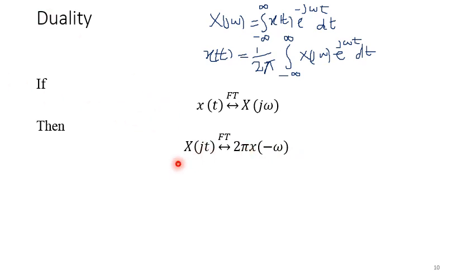So we have changed the role of time and frequency, right? So x of jt means that we have changed the variable here from frequency into time, right? While here we say that we have replaced time with minus omega, right? So that means we have replaced t by the reflected frequency minus omega.